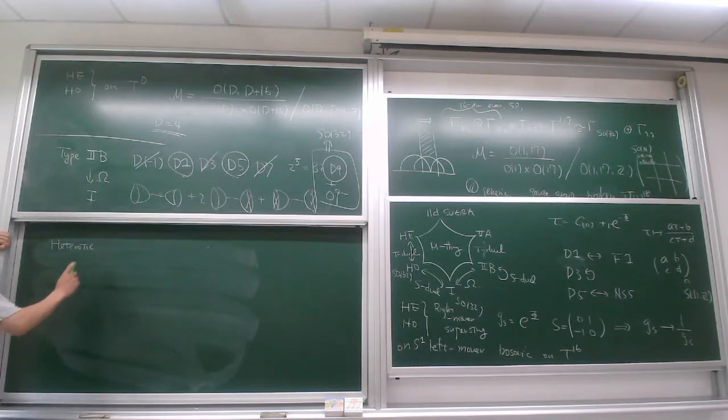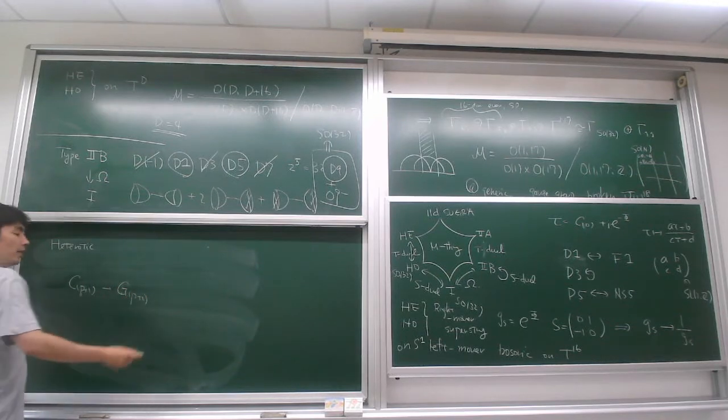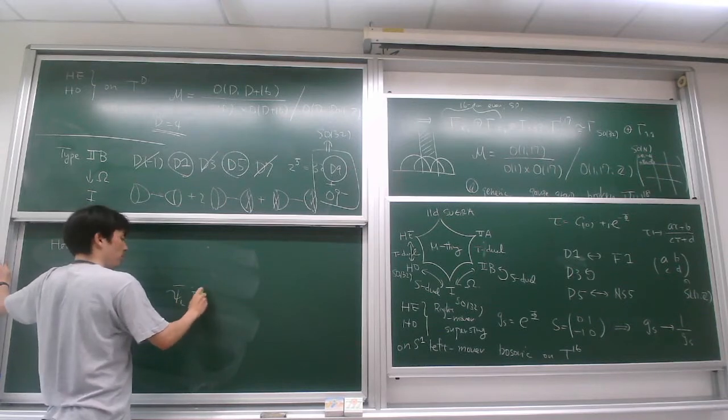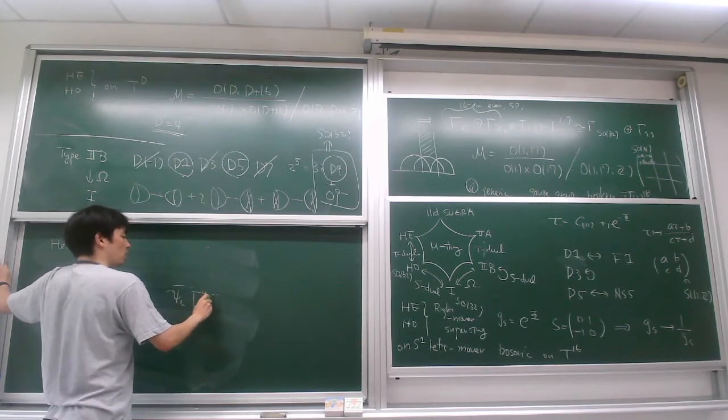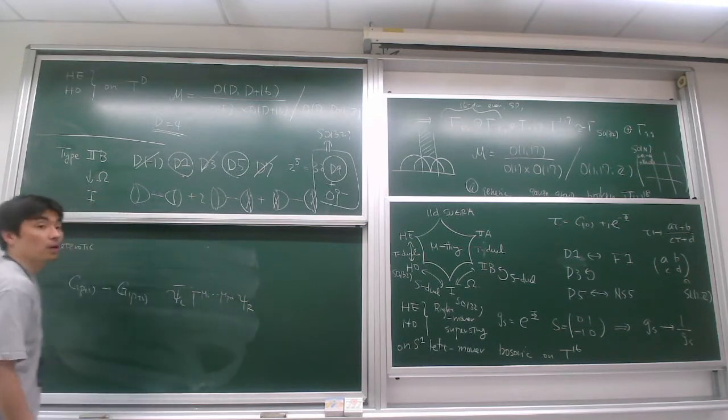So the Ramond p-form gives you a (p+1)-form whose field strength is G_{p+2}, and that is created by psi_L bar gamma^{mu_1 ... mu_{p+2}} psi_R.